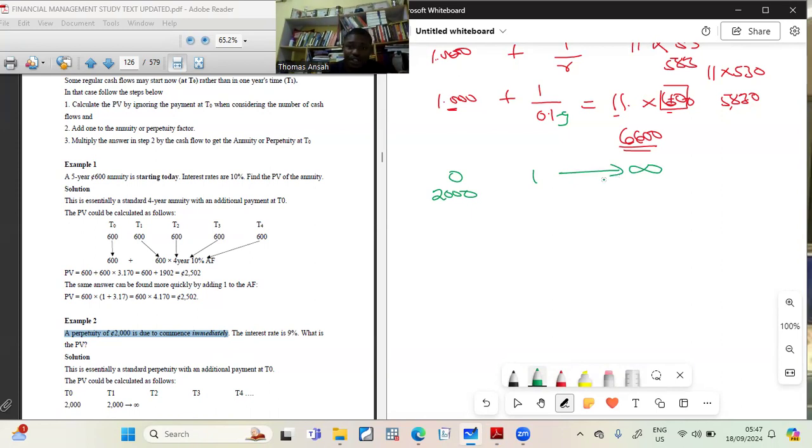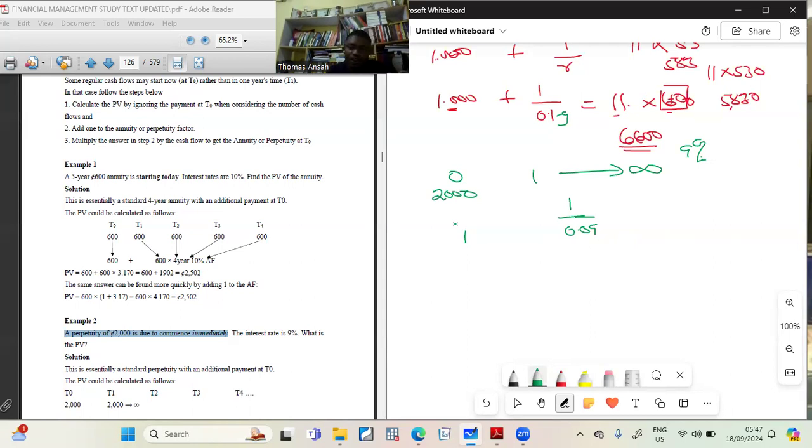So what is the discount rate? 9%. So what do we do? It will be 1 over R, right, which is 0.09. That's 9%. This one will be represented by 1. So if I now do 1 over 0.09, that gives me 11.11 plus 1.